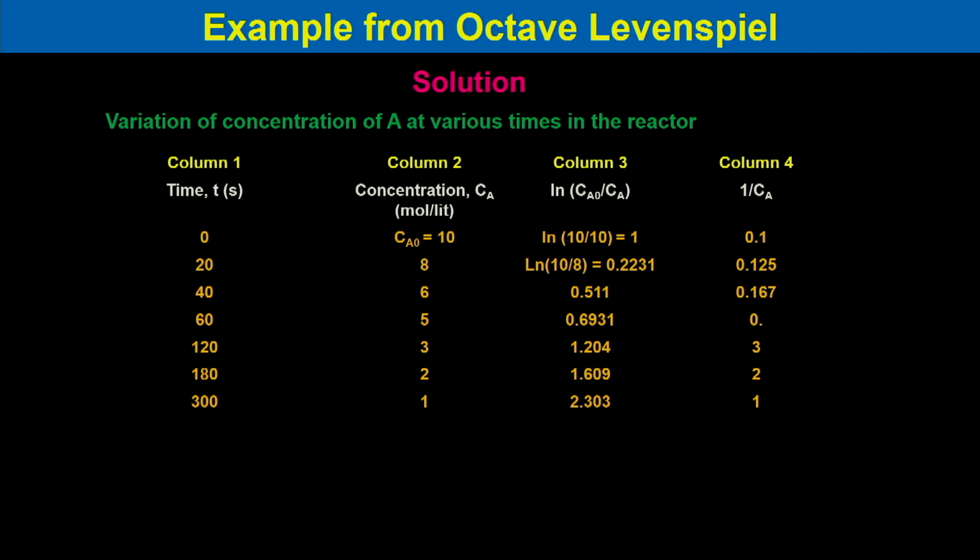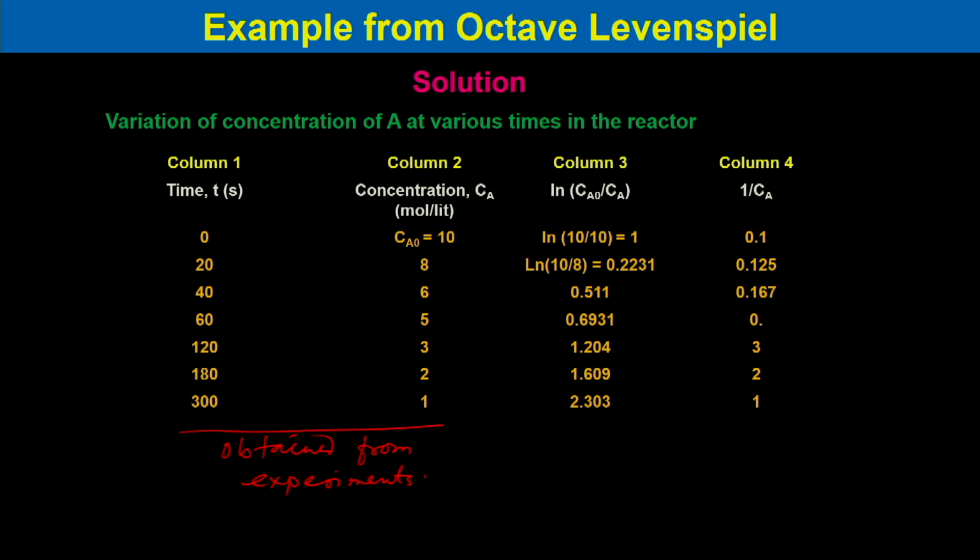So, once we have the data, the time versus concentration from the batch reactor, which is basically the data obtained from the experiments, now we can calculate ln of C A naught by C A and 1 by C A from this data.